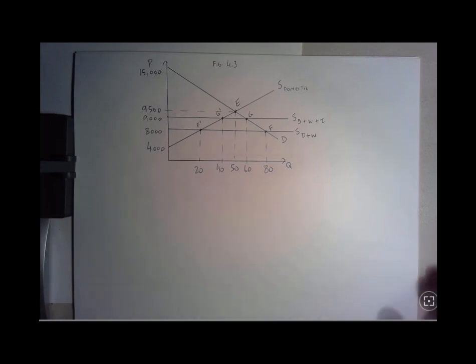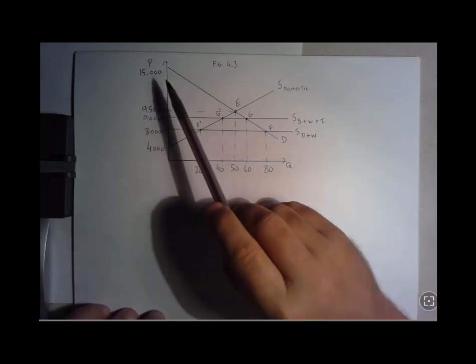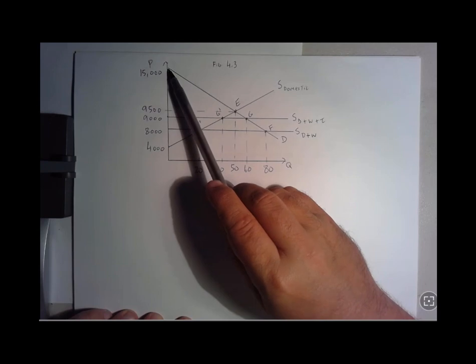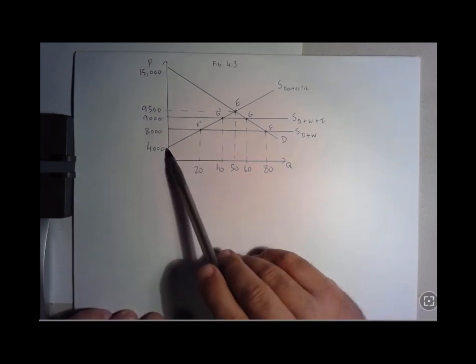So here I have a replica of figure 4.3. Note that in relation to the one that you have in the slide, what we added was a value for the intercept for the domestic demand curve and domestic supply curve. Okay.